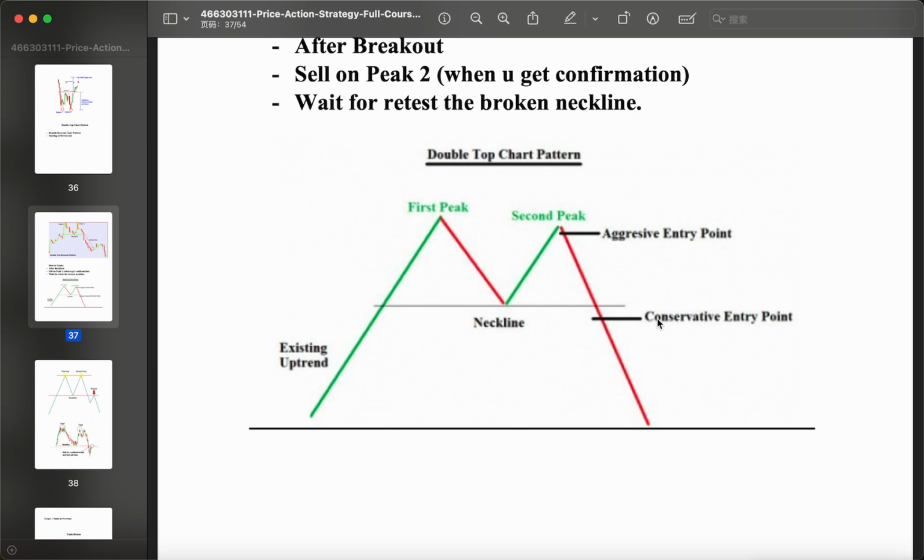And here you have a conservative entry point, because in reality you don't really know if the second peak is the peak, so you probably need to wait a little more. It's not necessarily that you're going to have an aggressive entry point, because that would be trying to predict the future. What happens if this is not a double top chart pattern?